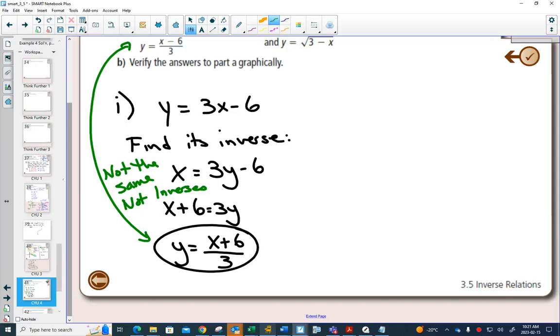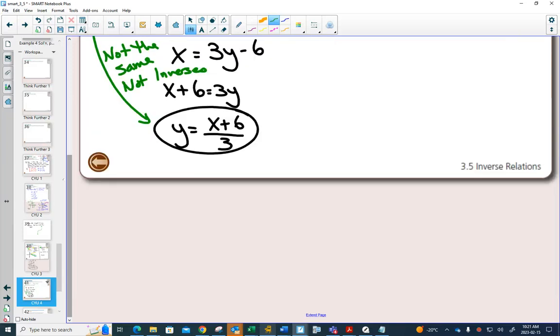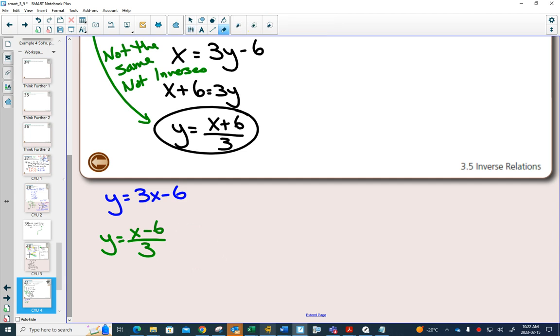To verify your answers graphically, so we'll do that for this one right away, we are going to graph y equals 3x minus 6 in blue, and we are going to graph y equals x minus 6 over 3 in green, which is the same as the green one, right?